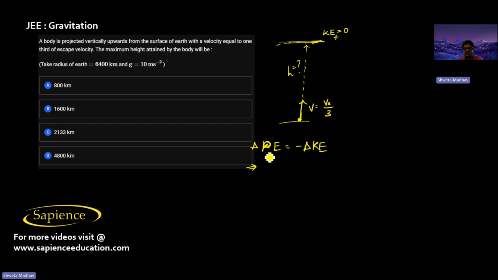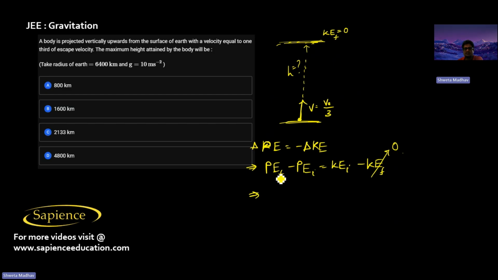So the gain in potential energy means final potential energy minus initial potential energy at the surface of the Earth, that is equal to the initial kinetic energy at the surface of the Earth minus the final kinetic energy at that height, which should be zero.